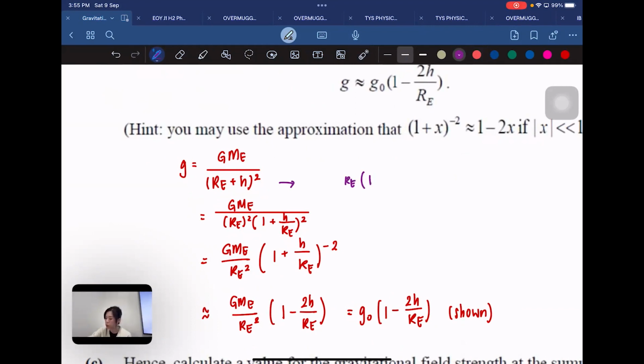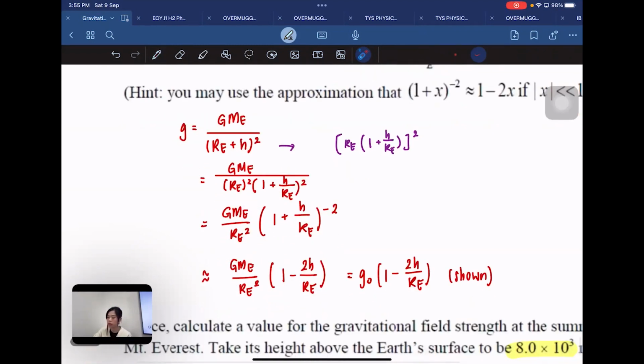I will have RE, and this is 1 plus h over RE. I factorize out RE, yeah? The whole thing squared. So then RE squared, 1 plus h over RE, the whole thing squared. Okay? Then from here, I can group this out, and I'm left with, I bring this whole thing to the power of -2. Then you realize this is similar to this. You see that? Whereby my x is h over RE.